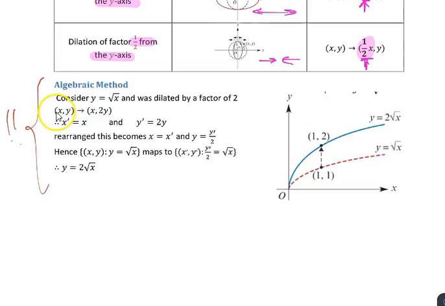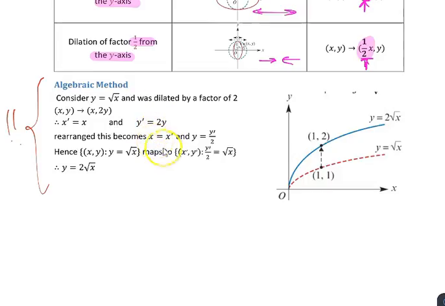Which means that as far as our coordinate point notation goes, we go from (x, y) to (x, 2y), where we have this dilation factor of 2 from the x-axis, which means the y value gets affected. We can do our x new and y new just like normal, so x new is equal to x, because nothing's changed here, and y new is equal to 2y. We're going to rearrange this again, nothing changes here, but y is going to be equal to y new divided by 2.